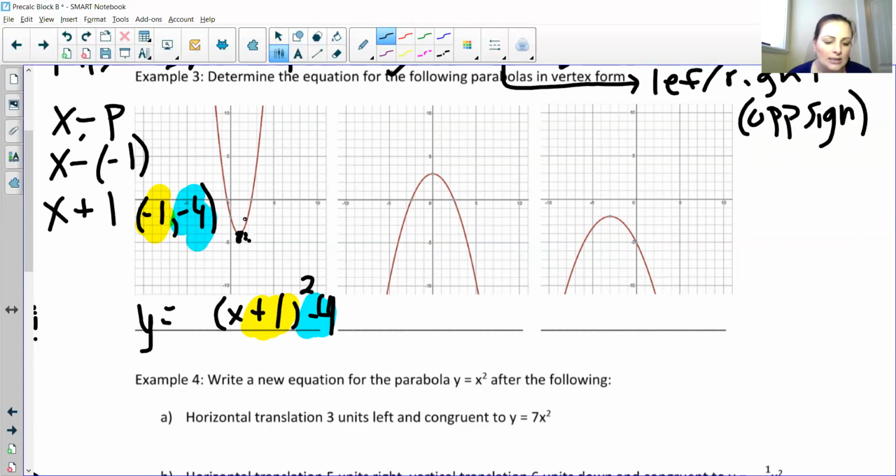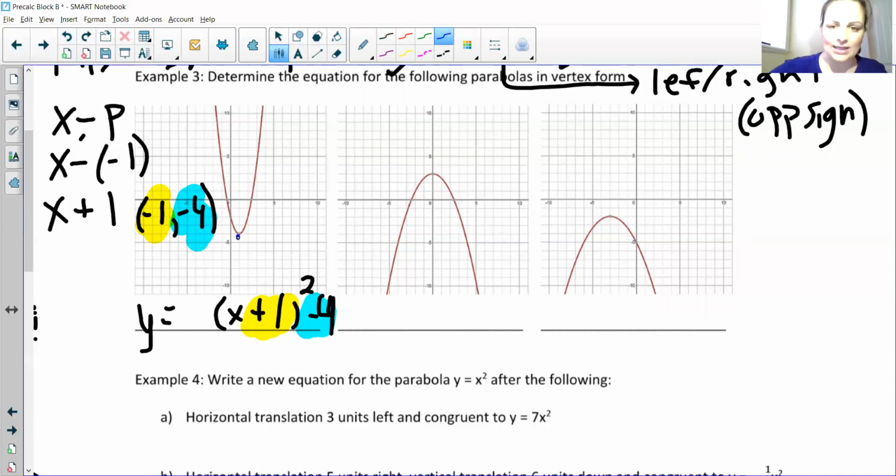And this is a little bit more than that. So what you need to do to figure out how much it's compressed is find out what the closest point is compared to the vertex. And you're going to look for how much does it go up for how much it goes over 1.